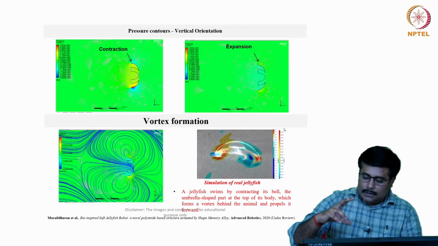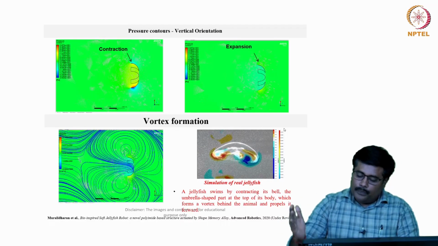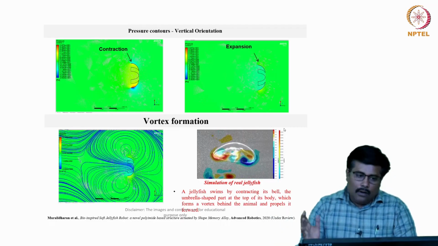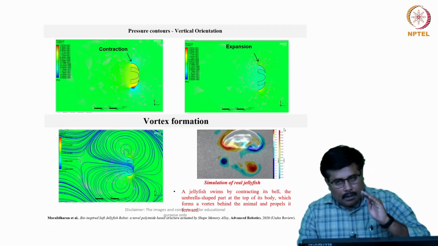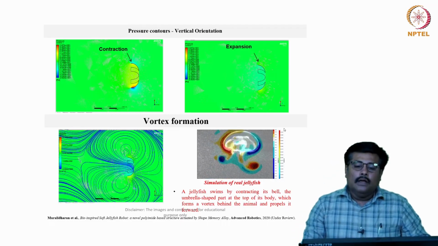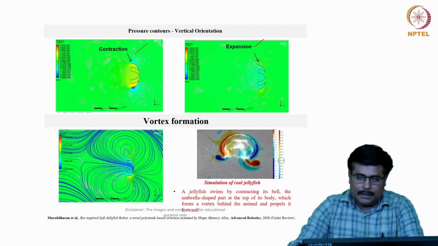If we try to manipulate this vortex motion, we get a kind of a displacement either in the vertical direction or in the horizontal direction. So your movement, overall propulsion with respect to vertical or horizontal, is decided by the mode of the contraction and the expansion.